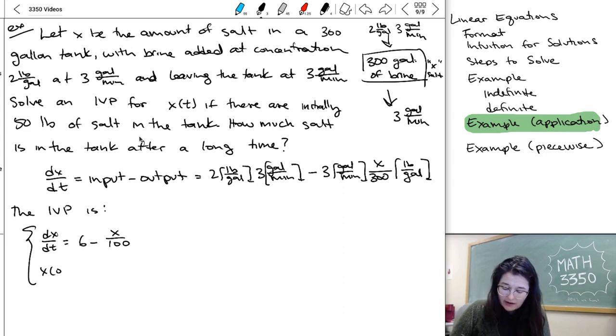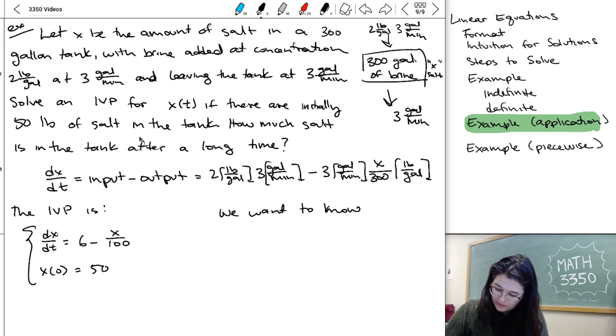So at the start of the problem, when time is 0, we have 50 pounds of salt. And we want to know how much salt there is in the tank after a long time.